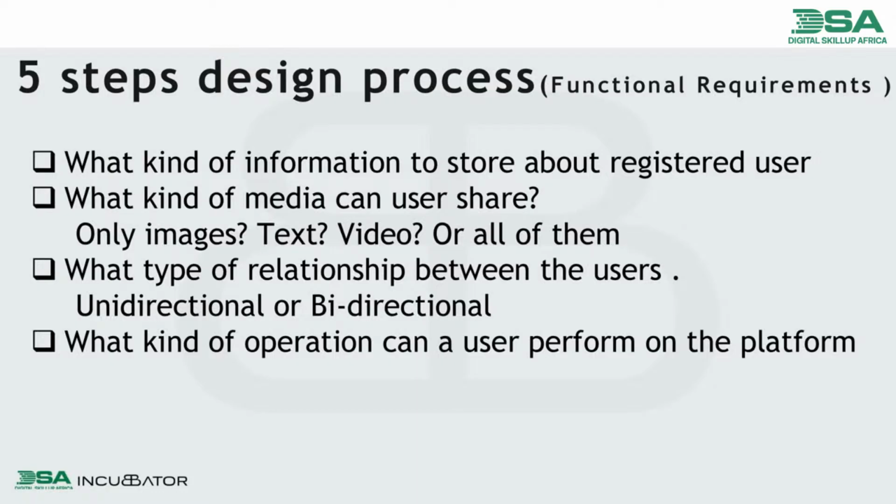So once I follow you, you are following me automatically. That's bi-directional. But the unidirectional relationship is like a follower and a publisher, where I can follow you, but you do not follow me. So you see what I'm posting because you are following me, but I won't see what you are posting because I'm not following you.